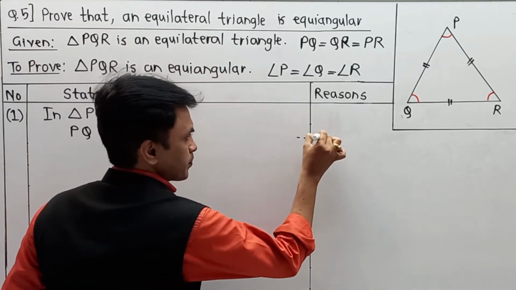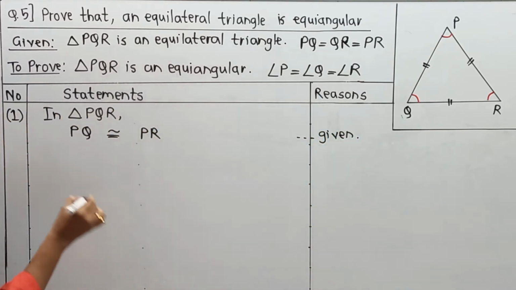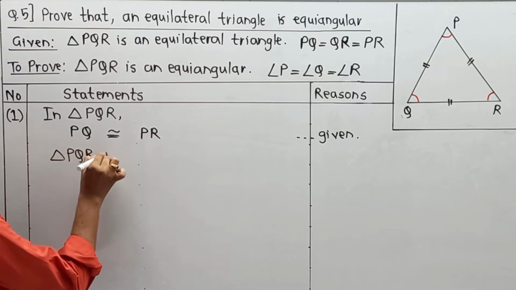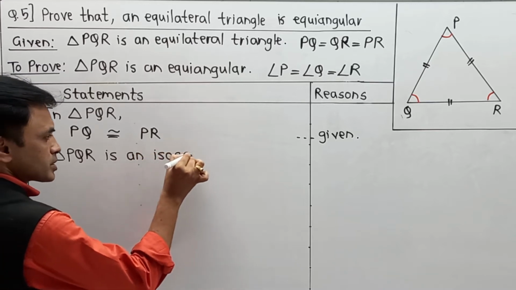Reason: given. Naturally we can say that triangle PQR is an isosceles triangle.